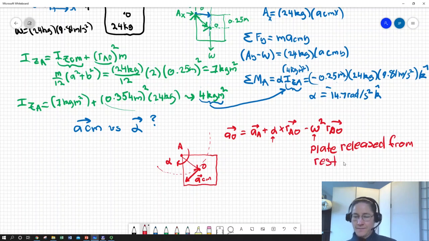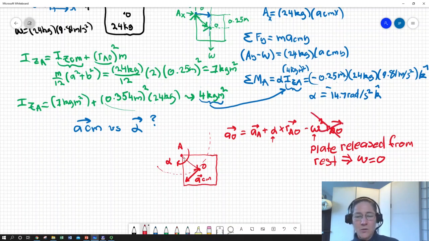Okay? So what that's given us is not only this really convenient fact that one edge is still horizontal, it also means that omega is 0 at that instant. So that whole term goes away.